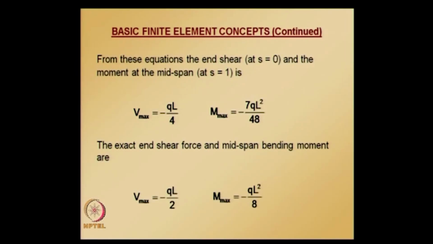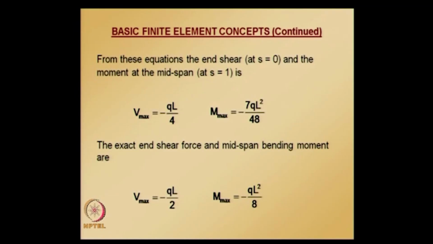So, you can see that the values we obtained using the two element model, with the finite element equation that we developed applied to this simply supported beam subjected to distributed load, have an error, and this error is quite large.